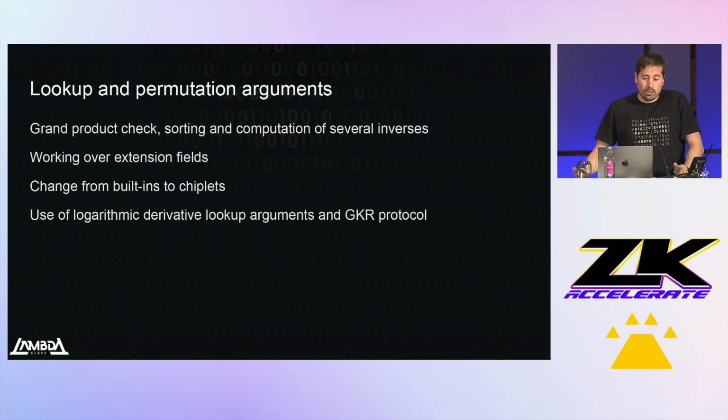We can do much better by using new techniques. For example, the logarithmic derivative lookup offers some advantages for some commonly used operations. For example, one operation one has to do many times is range check.